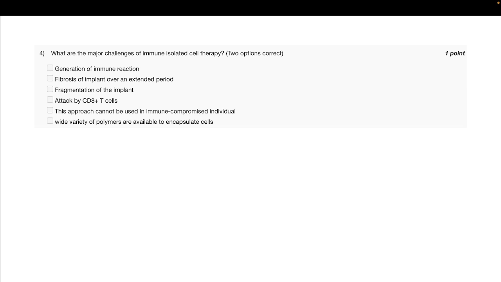The next question is, what are the major challenges of immune isolated cell therapy? And these are your options. You guys can let me know when you are ready to answer.